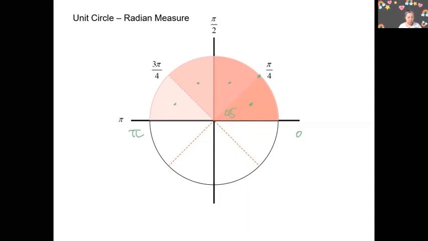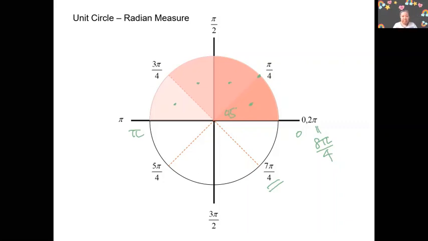And we can go all the way. So 5 pi over 4, and it's 6 pi over 4, but reduced to 3 pi over 2 again. And 7 pieces of pi over 4, and 8 pieces of pi over 4. 8 pieces of pi over 4 is equivalent to 2 pi again.